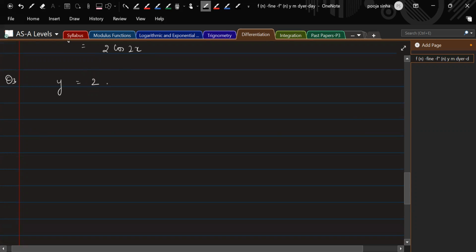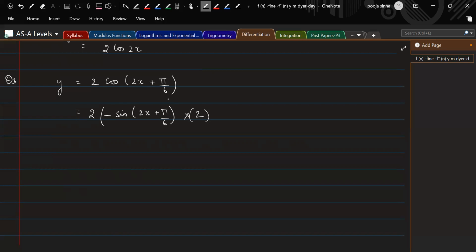2 cos (2x plus pi by 6). So it's minus sin of x, where x is 2x plus pi by 6, so minus sin (2x plus pi by 6), into 2 plus 0. Only into 2, because pi by 6 is a constant and there is no x component in it, so differentiating it gives 0.